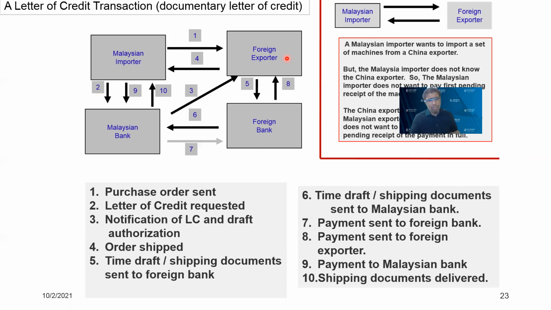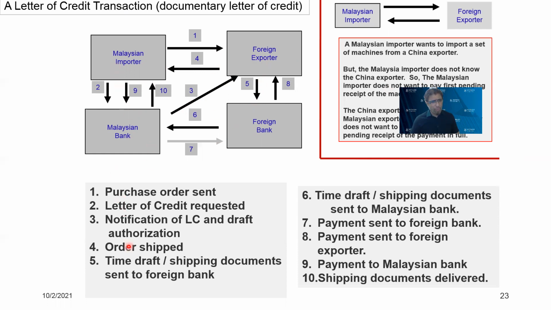Then in this case, you are talking about LCs, and the LC is explained here in 10 steps. So you have the Malaysian bank, you have foreign banks, you have the Malaysian importer and the foreign exporter.